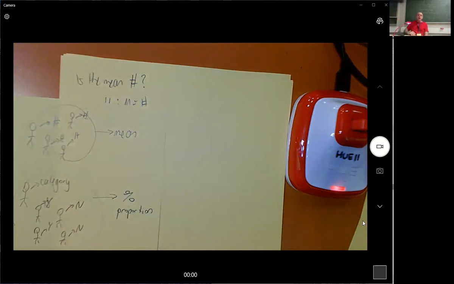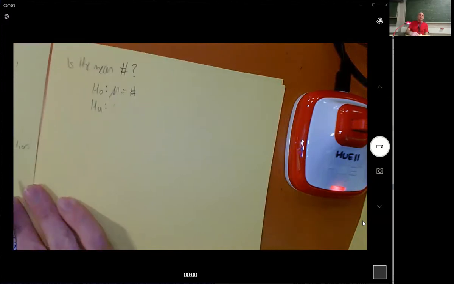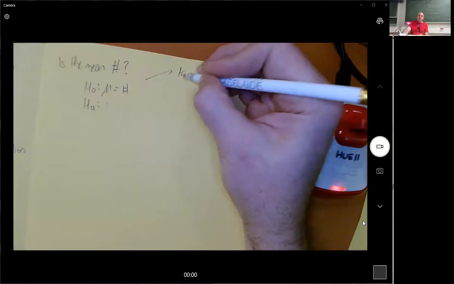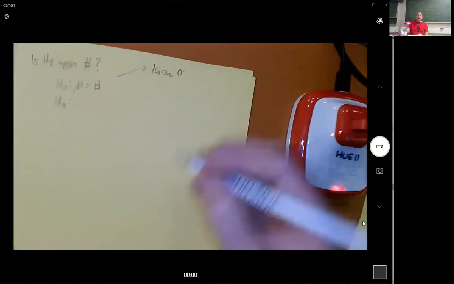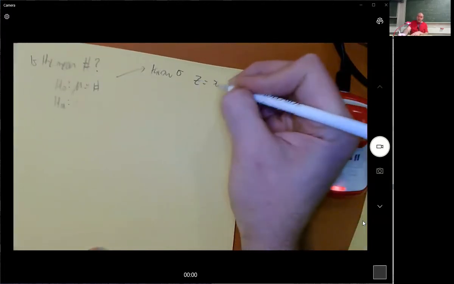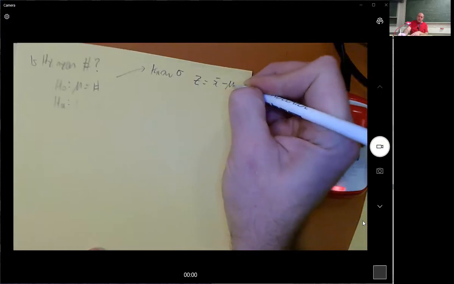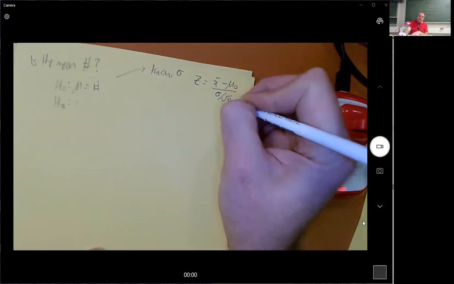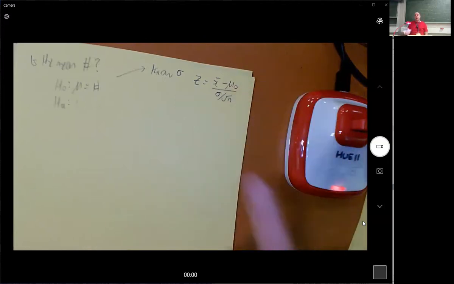And so that is going to make a difference to what the p-value works out to be in the end. So if I know the standard deviation, then I will do z equals x bar minus the null hypothesis mean divided by the standard deviation, which I know, over root n. And that would come from a standard normal distribution.